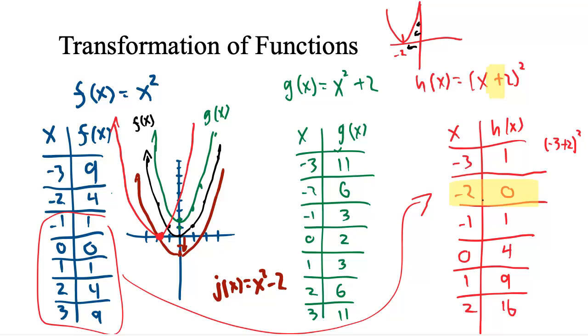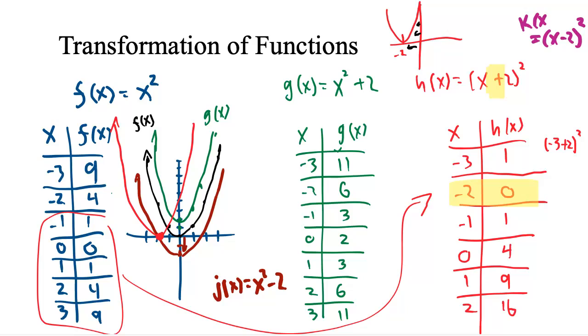And similarly, if let's say I was going to do another function, let's say k of x was equal to x minus 2 squared. Well, if we think about it, what value is going to make this 0? Well, if you had a positive 2, 2 minus 2 squared would be 0.